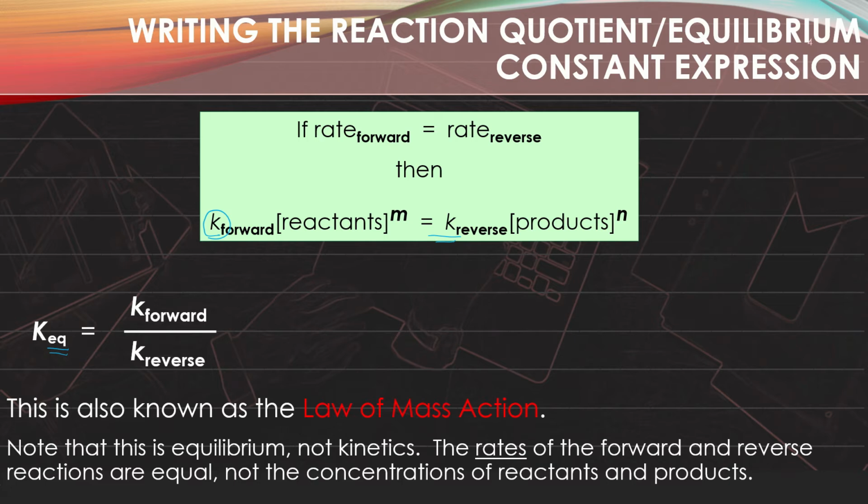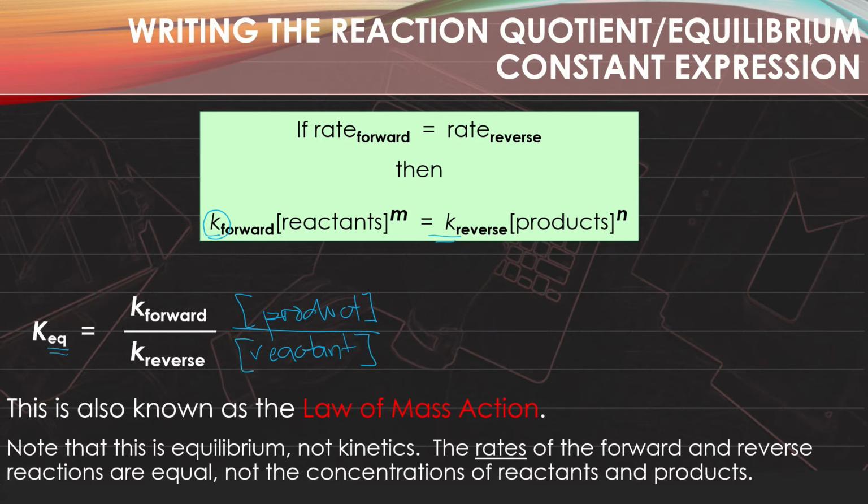Our reaction rate constant in an equilibrium is equal to the K forward over K reverse. Or we can write this down as the K forward or the product concentration over the reactant concentration.